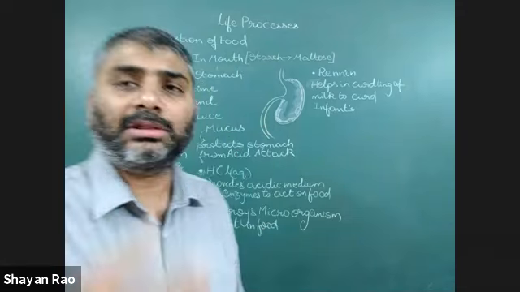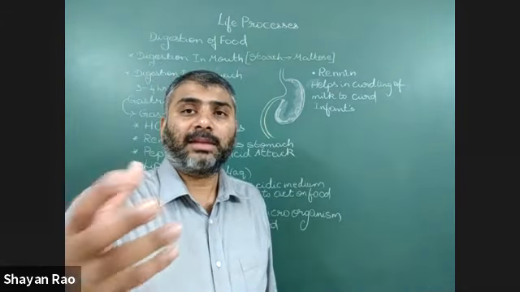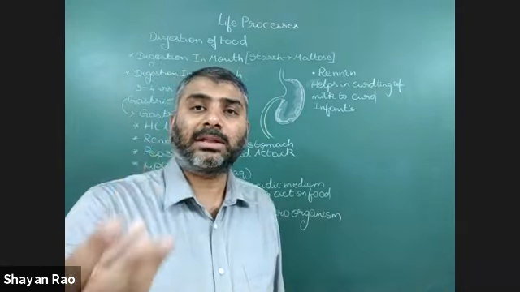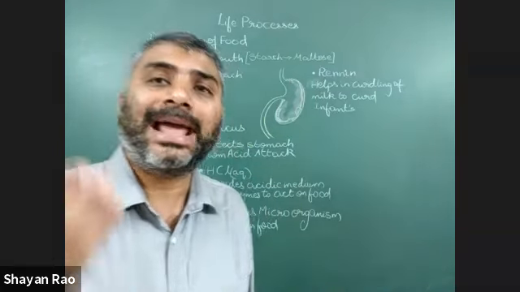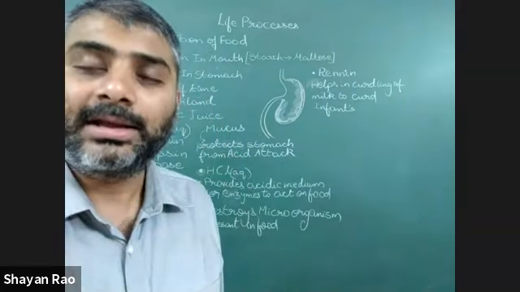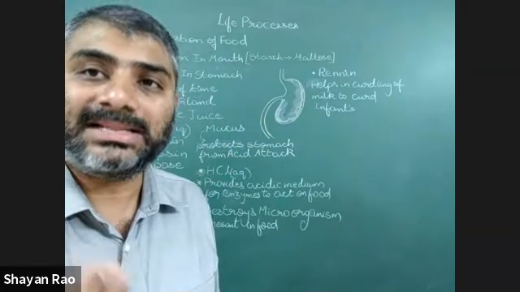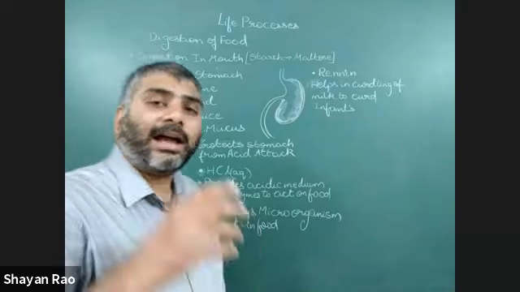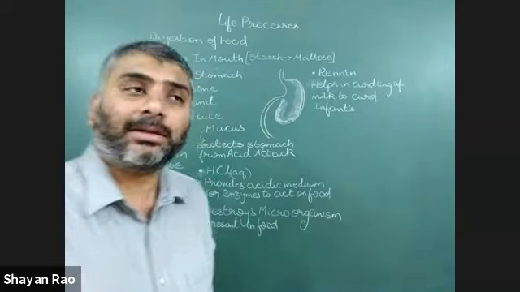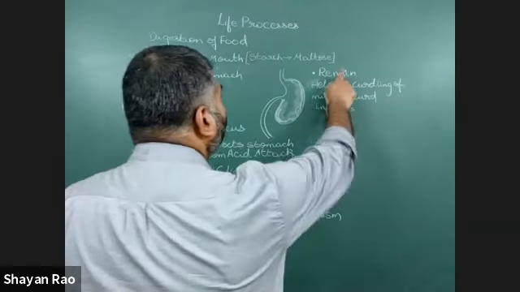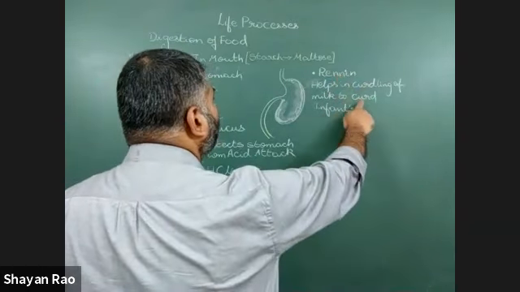Newborn babies cannot eat any other type of food. They depend only on liquid food, which is mother's breast milk. That milk has to get digested in the body, so renin is present, which helps in curdling of milk to curd.